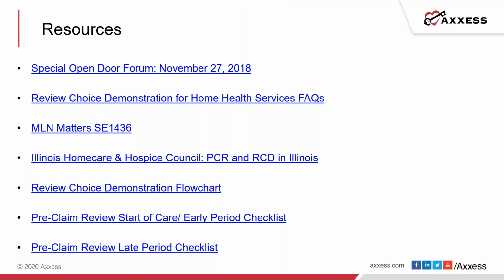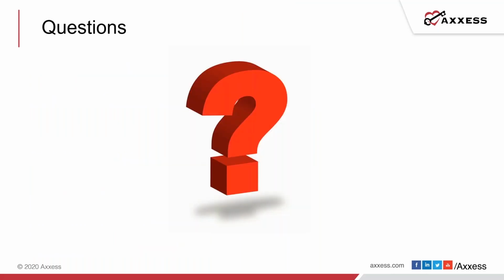We also have a review choice demonstration flow chart and some checklists for the early billing period and the later billing period. And we are available for any questions if anyone ever needs to contact us related to review choice demonstration.